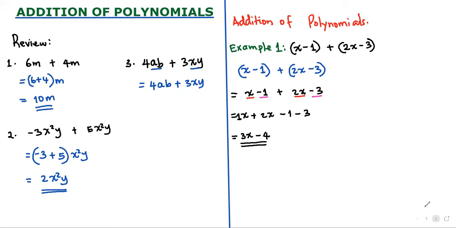So let's get another example. Let's have example number 2. Okay, so for this example, let's have 2x minus 4y plus 4x plus 2y.